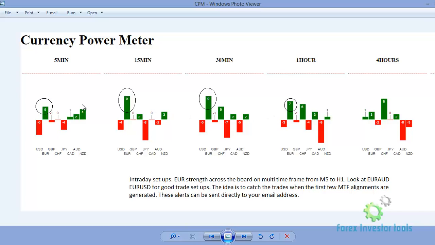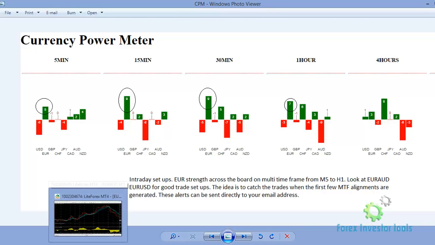When I have euro strong on all the time frames, it basically tells you that euro is moving strongly on all the time frames. So this is a good time to be trading the euro. Now, AUD is weak on 30-minute and 1 hour, but on 15-minute it's not, and the 5-minute, in fact, it's a little strong. But nevertheless, you have your two longer time frames which are telling you that it is weak, so there is a possibility that this will go back in the same direction.